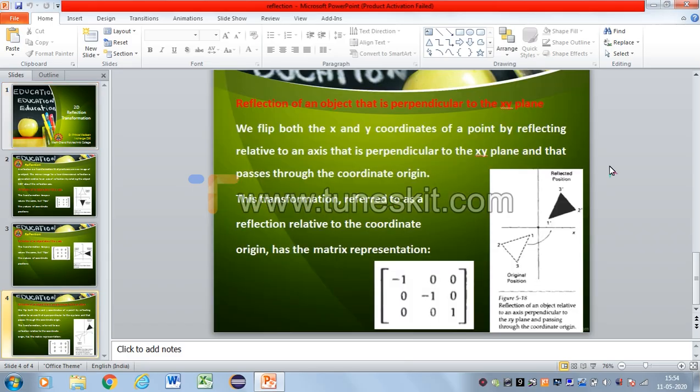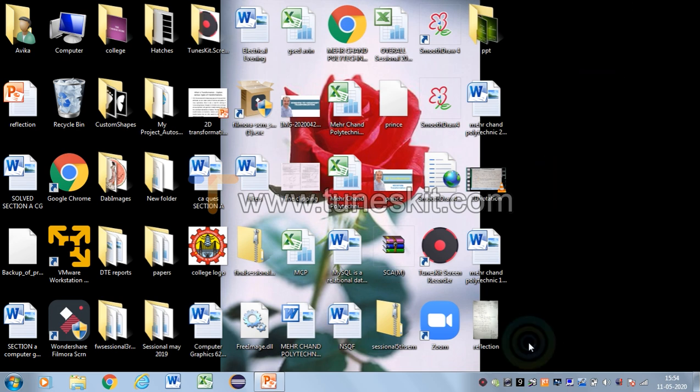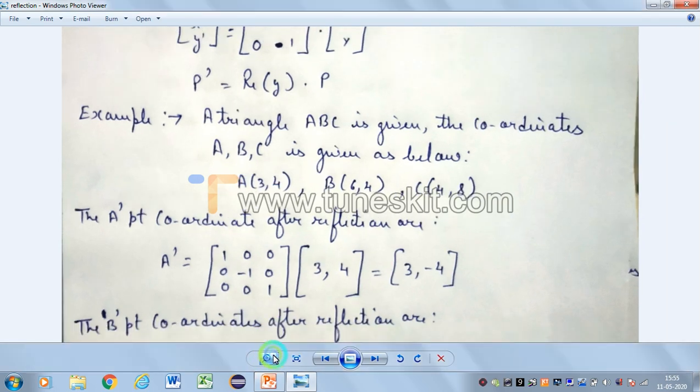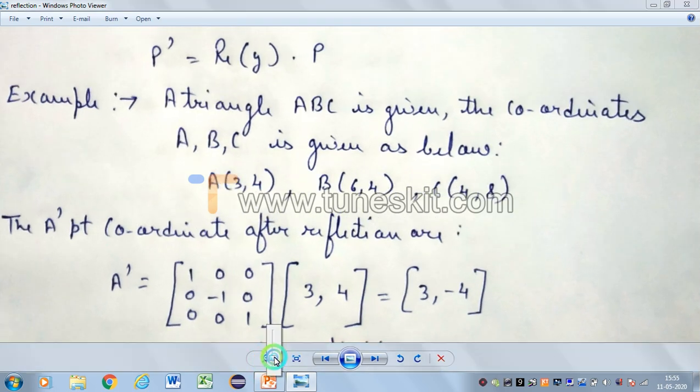Now we explain this reflection transformation with the help of one example. Look at this case, class.